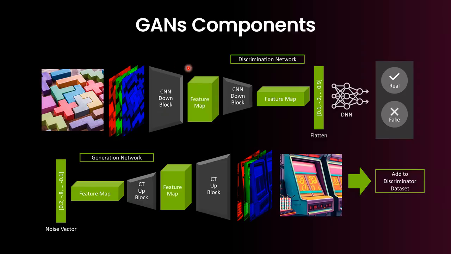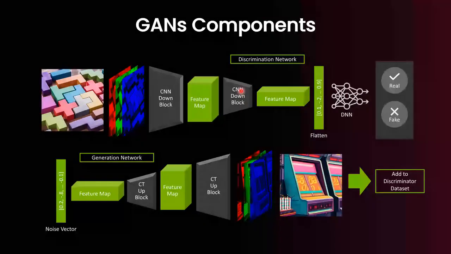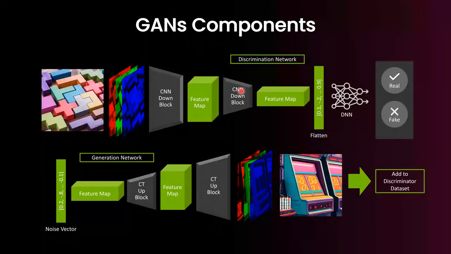Its job is trying to figure out whether the image fed into the network is real or fake. Is it a real image or a fake image? So its role in the architecture is like a judge, and technically it works as a classification model.